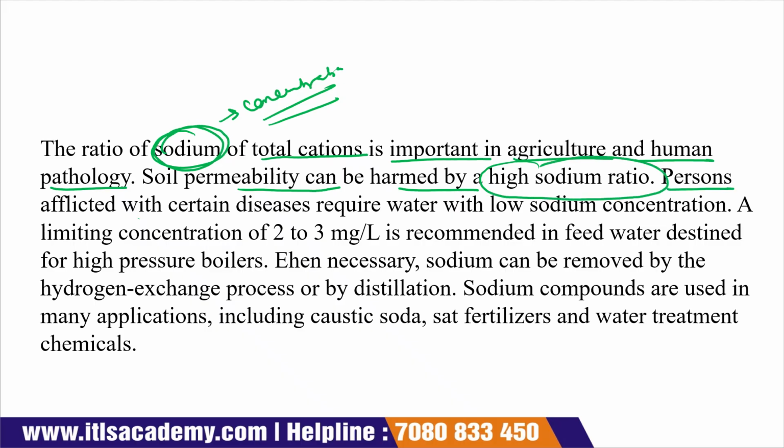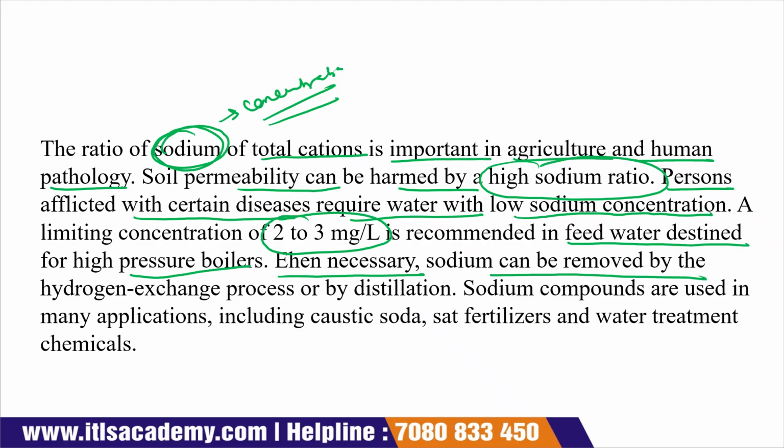Persons afflicted with certain diseases require water with low sodium concentration, and a limited concentration of 2 to 3 milligram per liter is recommended in feed water destined for high pressure boilers. If necessary, sodium can be removed by the hydrogen exchange process or by distillation.